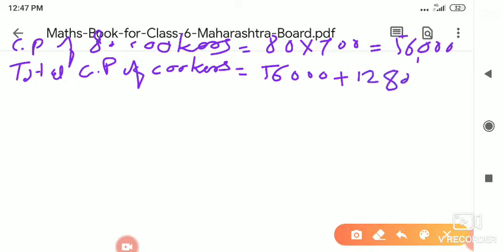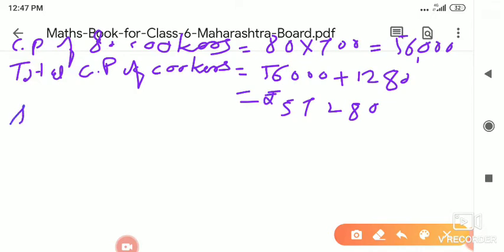Okay, so we add both of these, and 57,280 is the total CP.